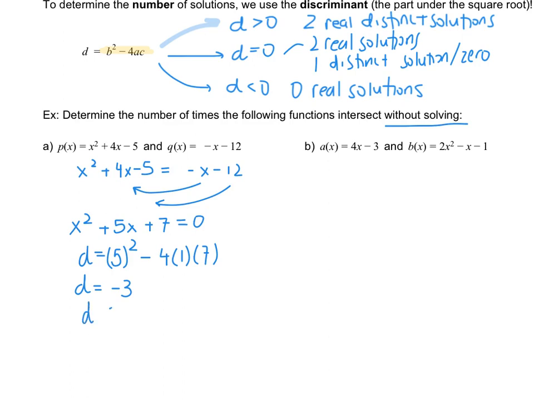So that means the discriminant is less than 0, which means you'd be trying to square root a negative number, which you can't do. So therefore, there are no real solutions or points of intersection, because we are talking about how many times the functions intersect.